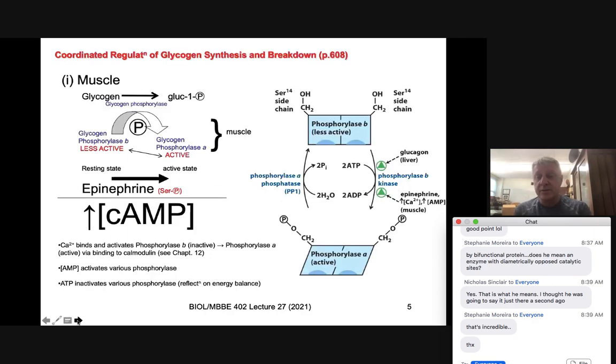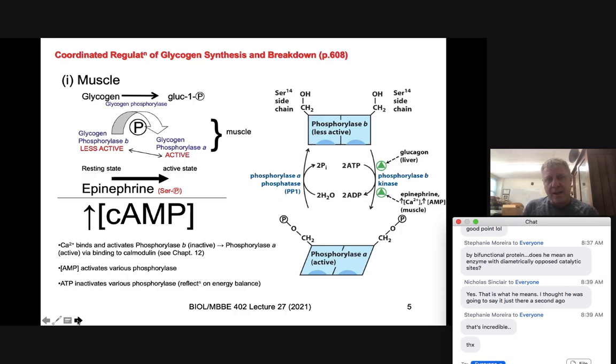But this is all crazily coordinated by this phosphorylase A and phosphorylase B in regards to what we're going to do now with that surplus glucose coming into the cell. We've got insulin promoting the transportation. We're going to have to do something now with this glucose coming in.